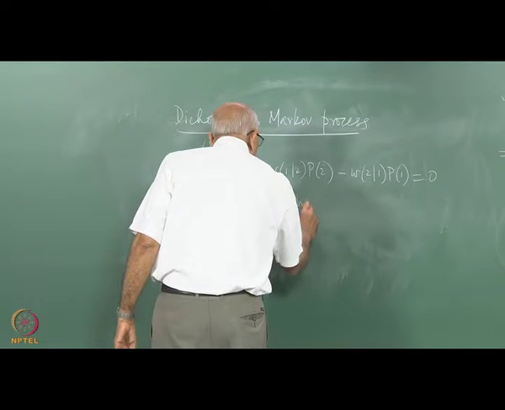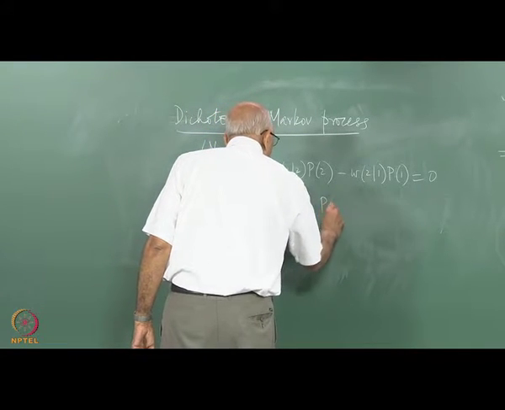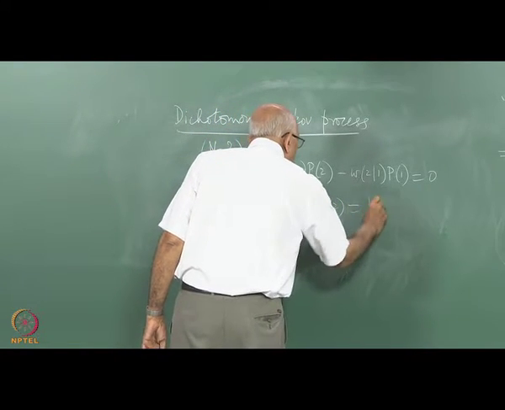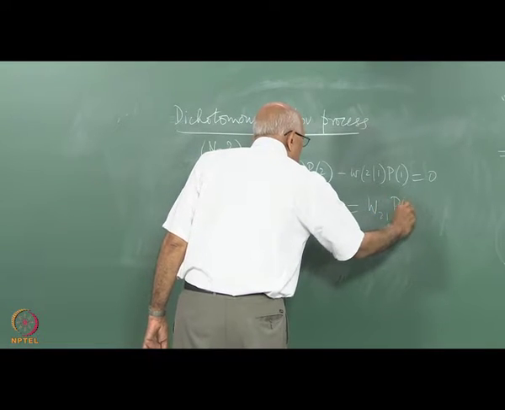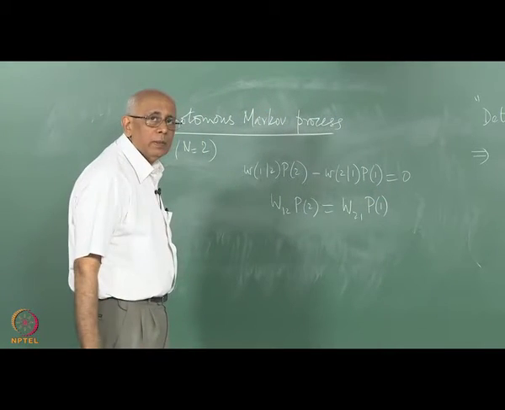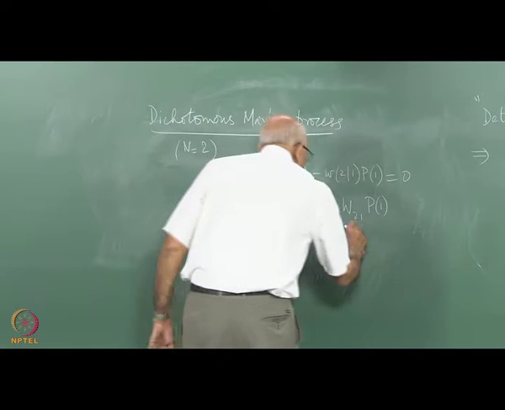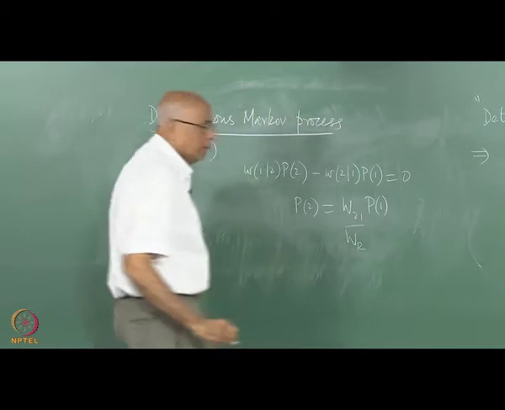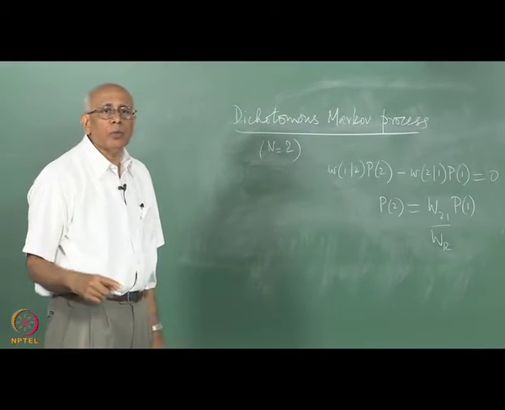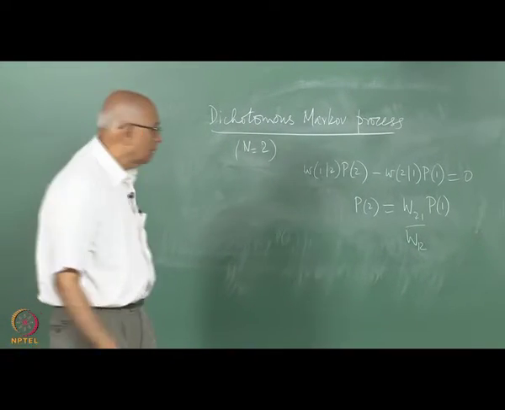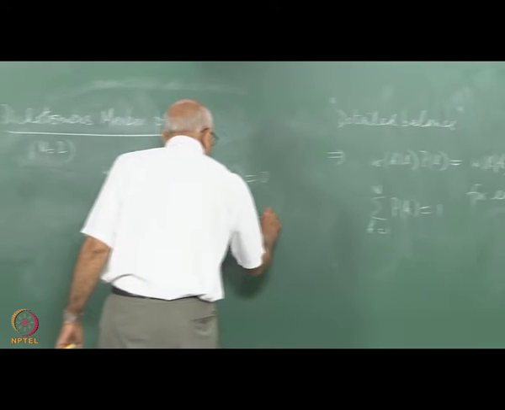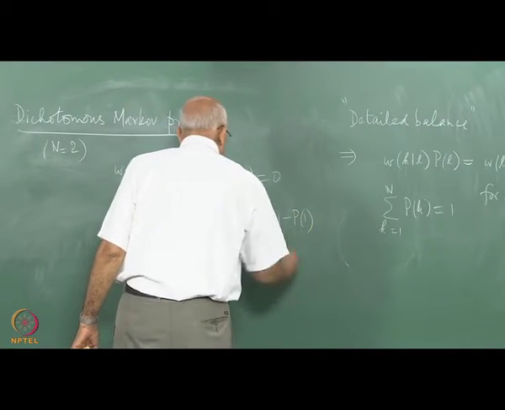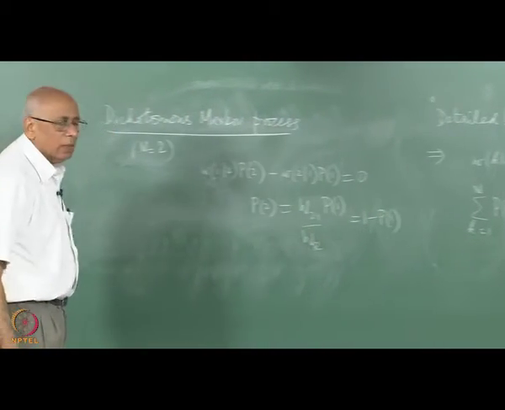So this is what we call W12, and let me call this P of 2 equal to W21 P1 here. So P2 is this, and P1 plus P2 must be equal to 1. So this must be equal to 1 minus P of 1 on this side.